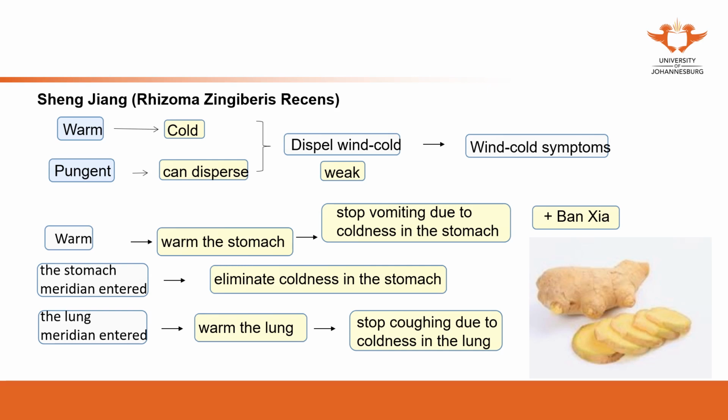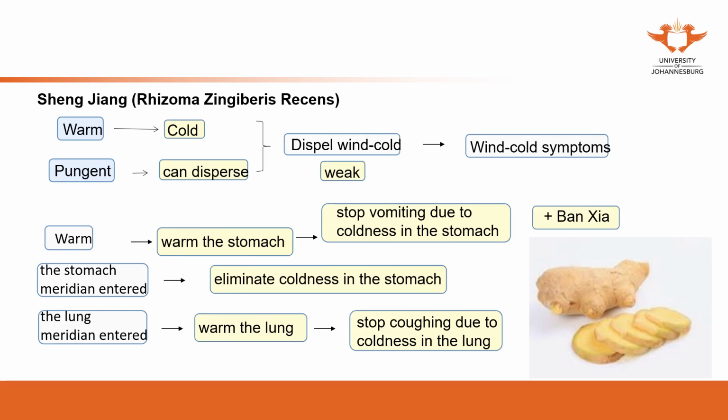So you will see that we use the same formula for two very different diseases. The reason is that the root cause is the same, due to cold and due to wind.